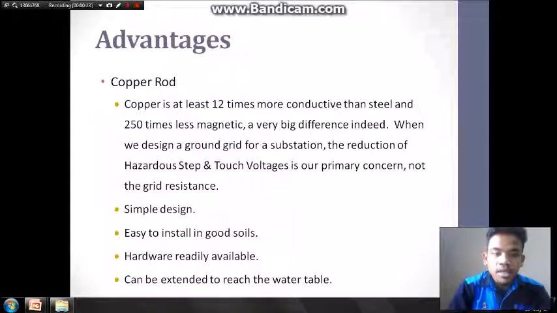When we design a ground grid for a substation, the reduction of hazardous step and touch voltage is our primary concern, not the grid resistance. Number 2, the copper rod is a simple design and easy to install in good soil, hardware is readily available, and lastly it can be extended to reach the water table.